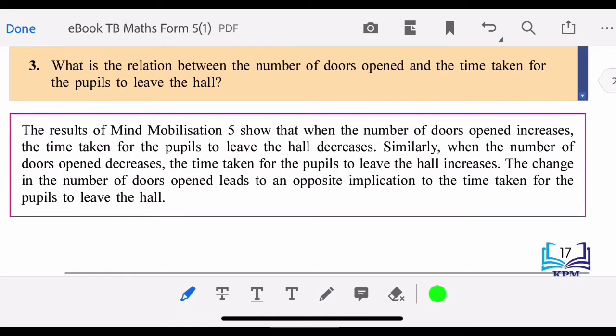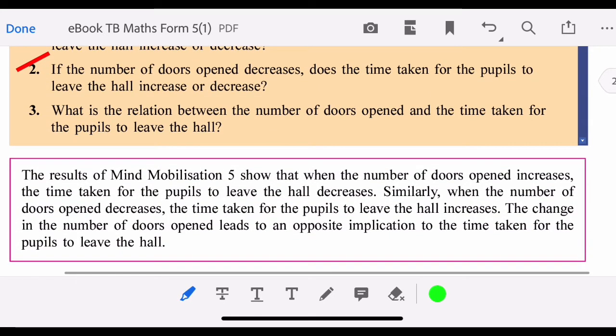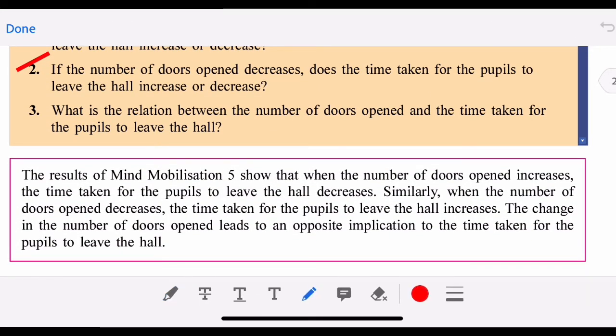The results of the activity show that when the number of doors open increases, the time taken for the pupils to leave the hall decreases. Similarly, when the number of doors open decreases, the time taken for the pupils to leave the hall increases.